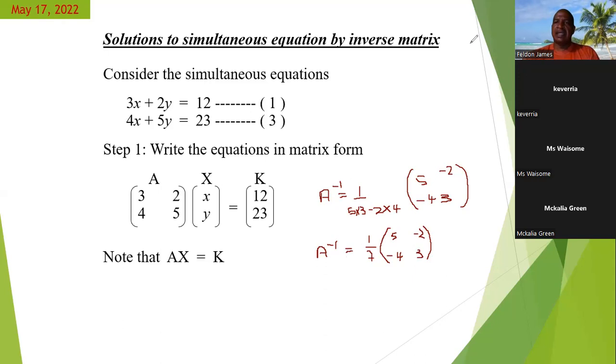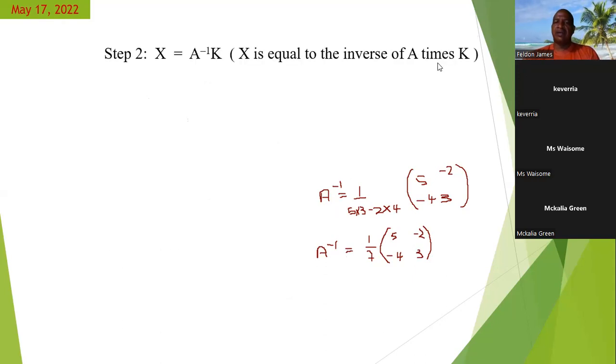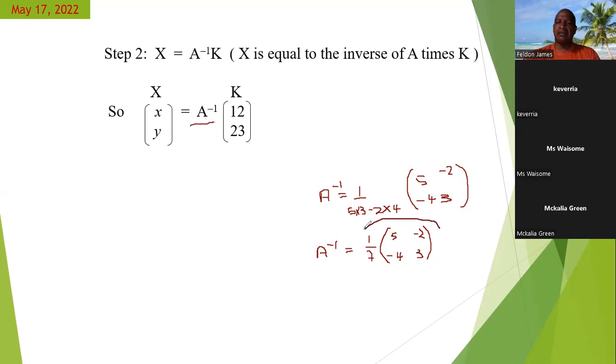All right, so with that said, now we move to the next stage, which is over here. We are going to take the inverse of A and multiply it by K. So remember now, A inverse is 1 over 7, bracket 5, negative 2, negative 4, 3. So wherever we have A inverse here, we're going to replace it with all of this.